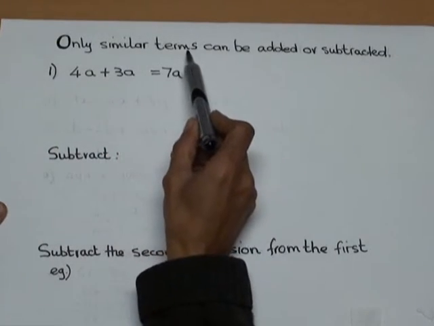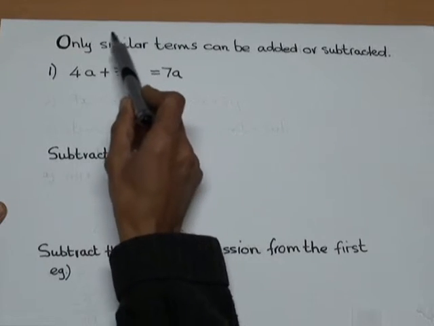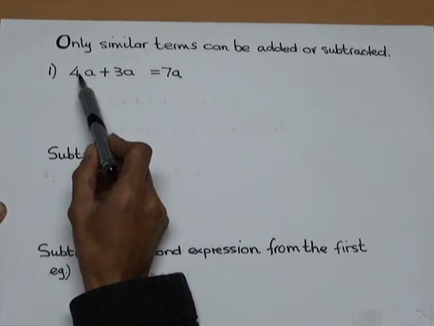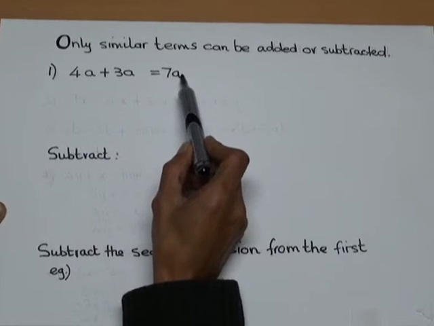Only similar terms can be added or subtracted. The same type of terms, similar terms. Number 1, 4a plus 3a is equal to 7a.